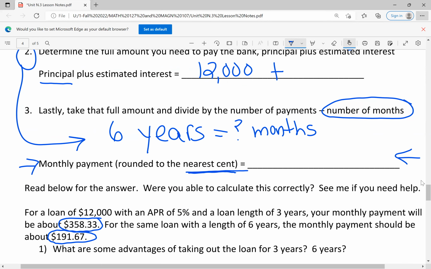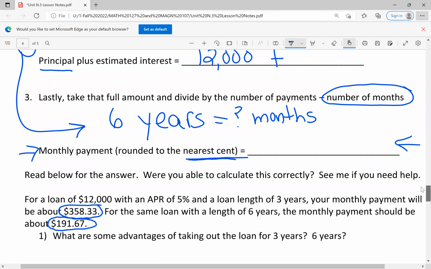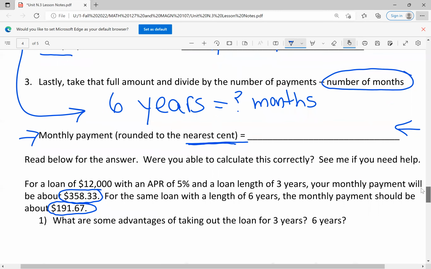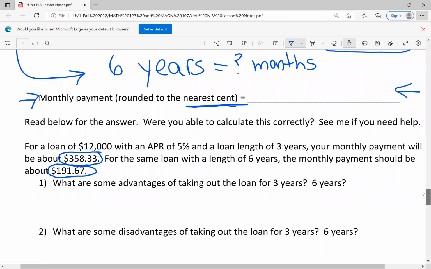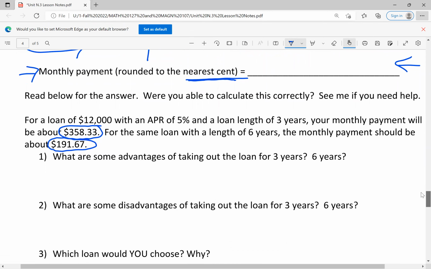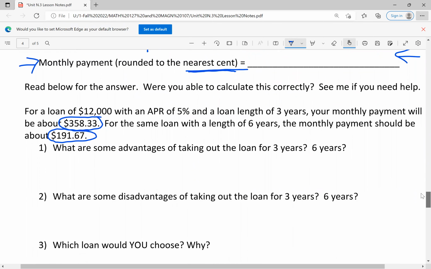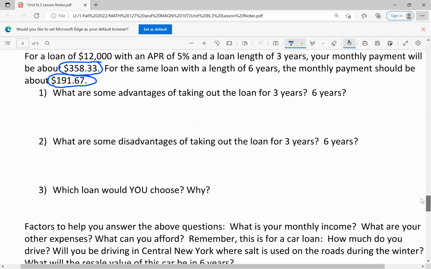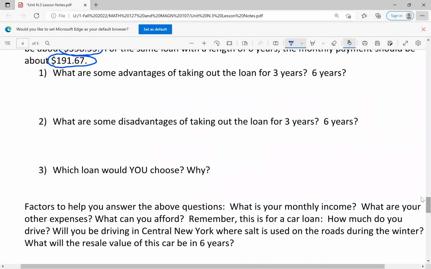So now I want you to think about what are some of the advantages of taking out this loan for 3 years versus 6 years? What are some disadvantages for taking this loan out for 3 years versus 6 years? Which loan would you choose and why? And then factors that I'd like you to think about.